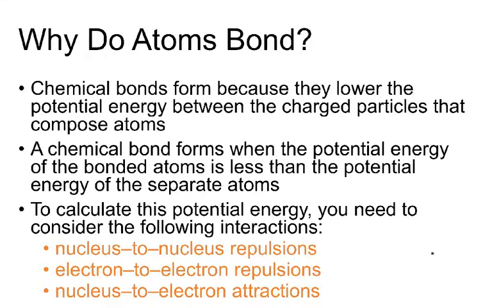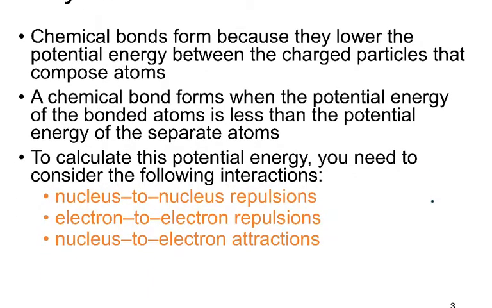If you wanted to work through and calculate that potential energy, you need to think about how the two positive nuclei will repulse each other, how the electrons will repulse each other, and how the nucleus and electrons are attracted to each other. If you can account for all of those, you can understand bonding.